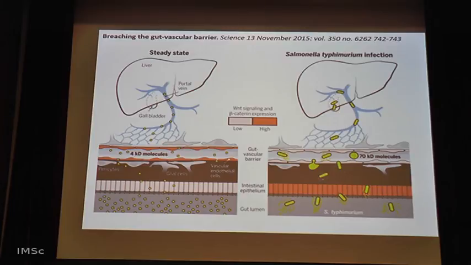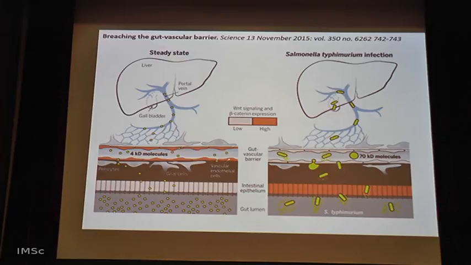It doesn't mean that the rest of the bacteria in the gut would find a good channel and all of them would get in. It is, in a sense, a very specific invasion, but once that happens, for the bacteria to reach the liver, the spleen and other lymphoid organs is not a difficult problem.